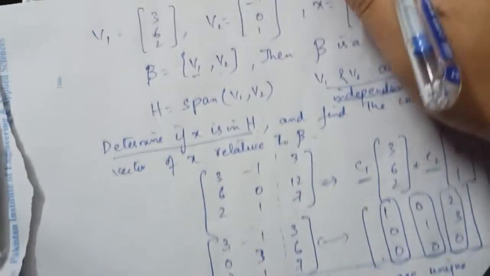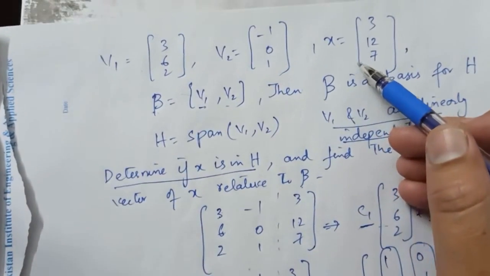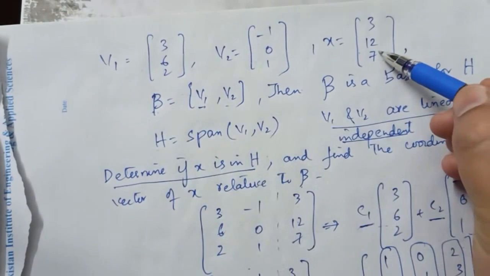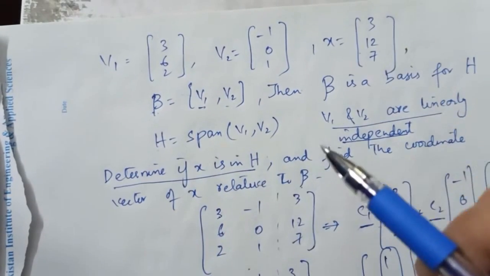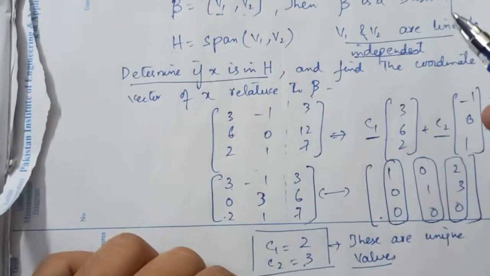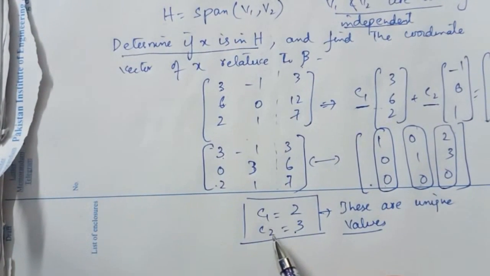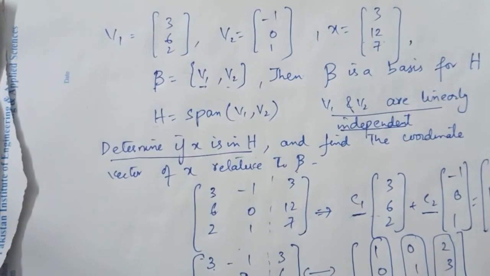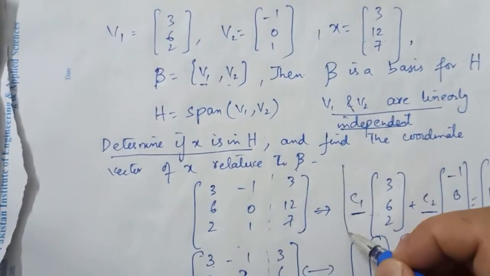If a vector x is in the subspace spanned by v1 and v2, it can only be written in one form, not in two different forms. So there will be unique values of c1 and c2. There are no other possible values of c1 and c2 for which this is true.